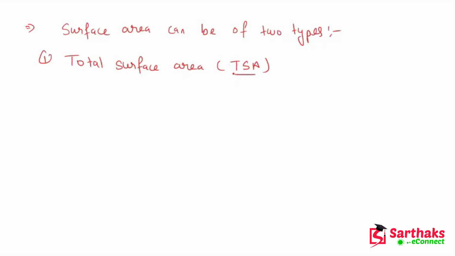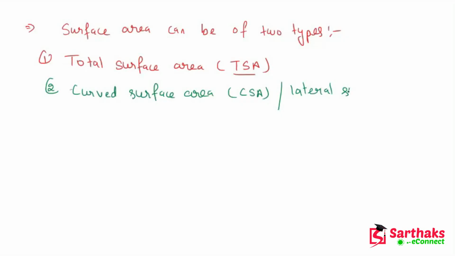Most of the time we are using TSA. And the second one is curved surface area, or CSA. The other name of this is lateral surface area, or LSA.